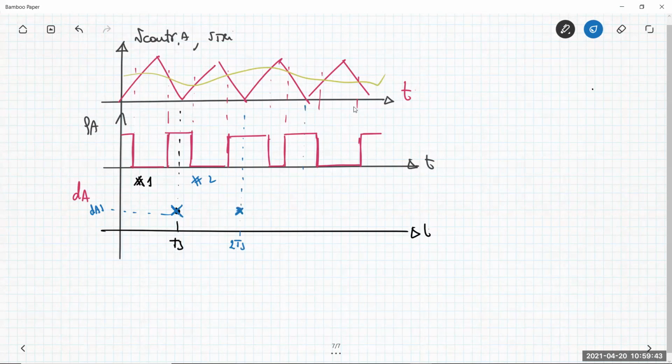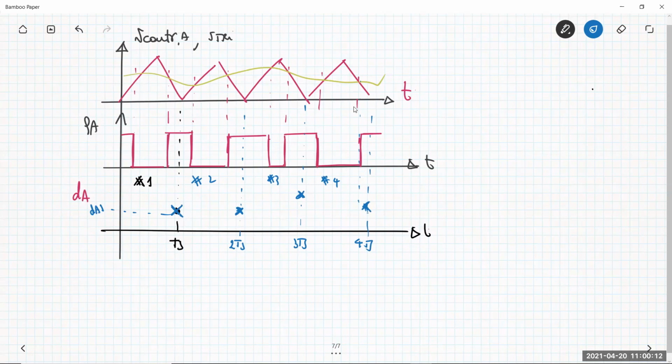Then at the third cycle, you have a duty cycle which is a little bit higher, and in the fourth cycle, you have something which is again a little less. As you can see, the duty cycle computed basically follows the same variation as the control voltage.